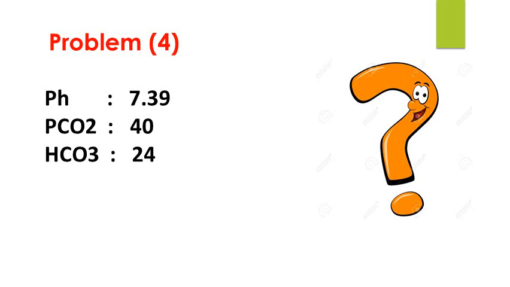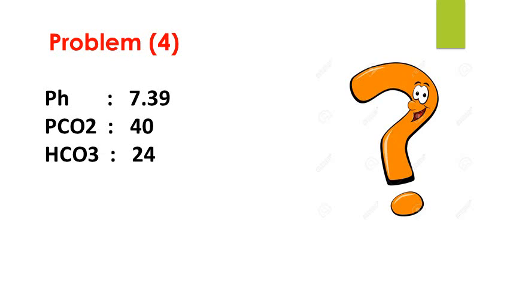Here pH 7.39 is within normal. Normal range is from 7.35 to 7.45. pH here is normal. Look at PCO2, normal. Bicarbonate within normal.